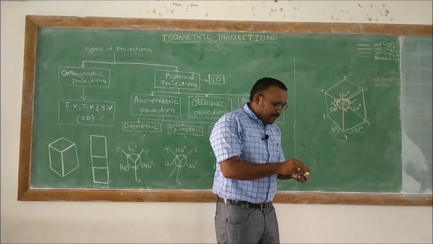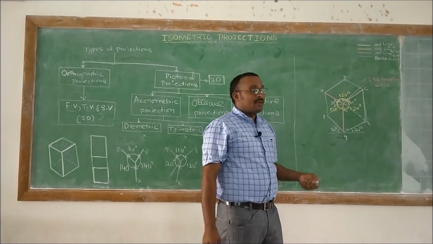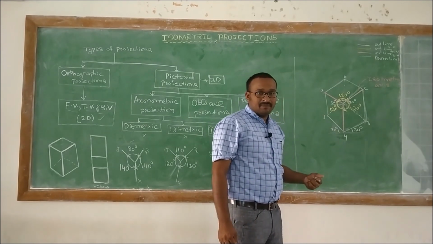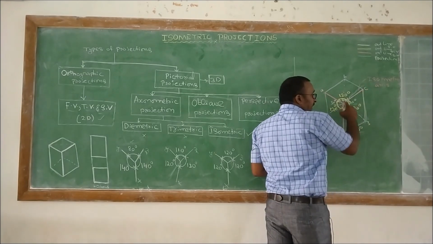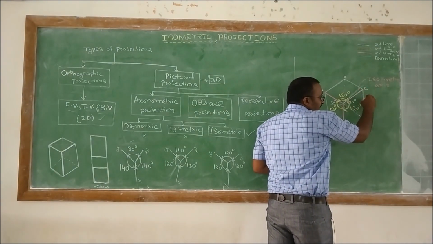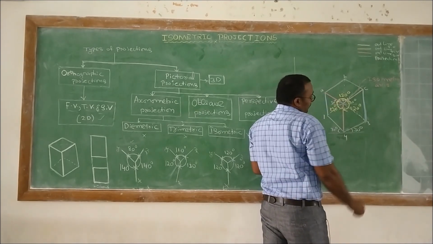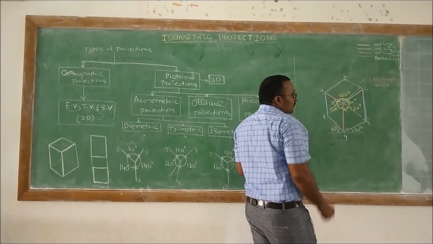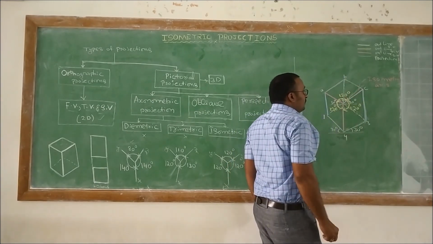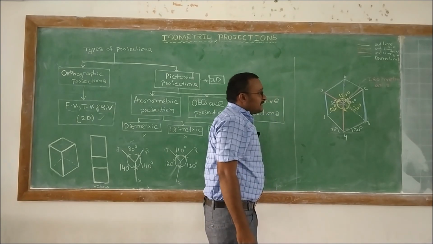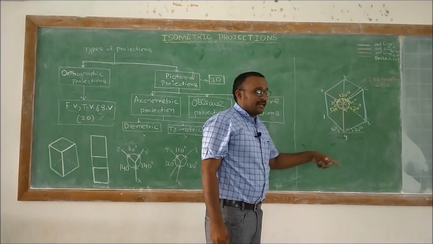And then all the remaining lines which are parallel to the isometric axes. Here this is the isometric axis. The lines parallel to that isometric axis will be the A1 line, C3 line and B2 line. These three lines are parallel to the D4 line, right?